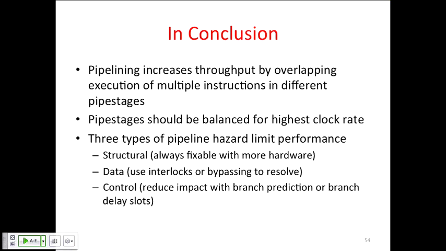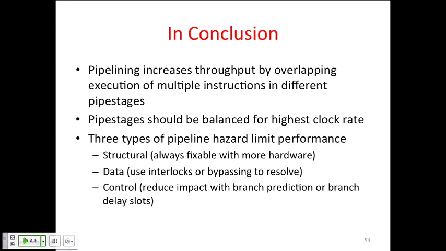Just to summarize, this is all about pipelining. This is one of the great ideas, parallelism. You get greater throughput by overlapping different stages of instruction execution. You want to balance the pipeline stages to get the highest clock rate. And there are these 3 types of hazards, structural, data, and control, that limit performance. Structural is just about sharing hardware, so adding hardware always fixes a structural hazard.